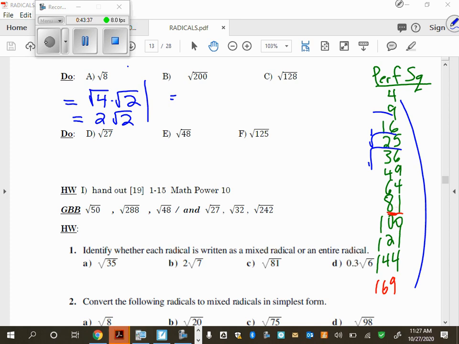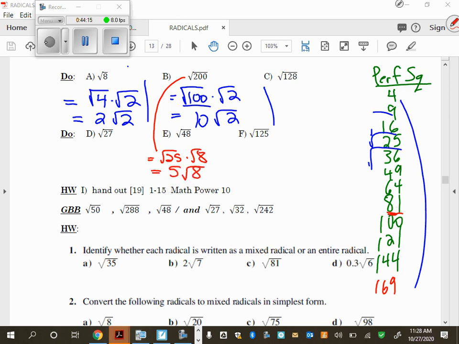200. This is why we did the chart. I'm hoping you steer away from the smallest one and give me the biggest one. What's the biggest perfect square? Somebody? 100 is the biggest. 100 times 2. What's the square root of 100 equal? 10. So 10 radical 2 is your final answer. If you chose 25 for the 200, that's 25 times 8, which is 5 radical 8.